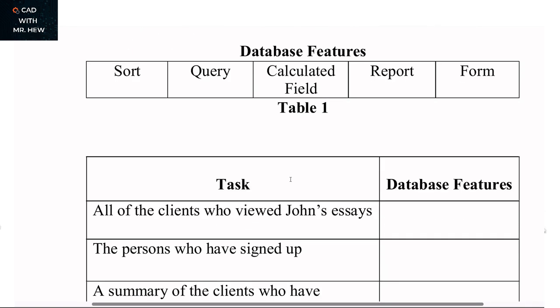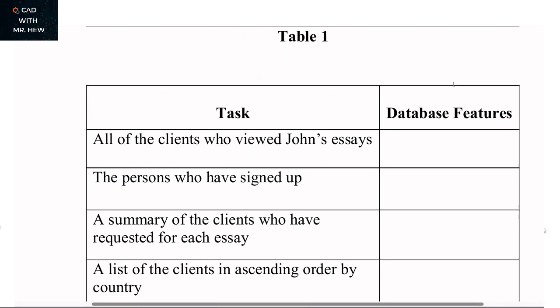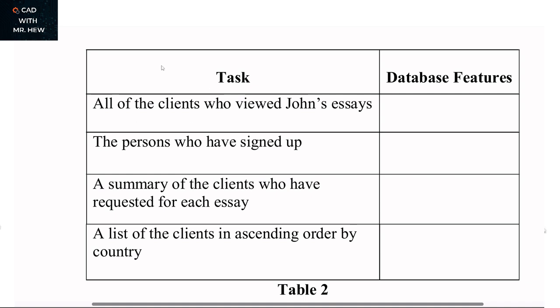So here are the database features. In Table 1, we have sort, query, calculated field, report, and form. We're going to use these database features to complete Table 2. So we have the task and we have the database features. You would use your pen to write in the answers here.